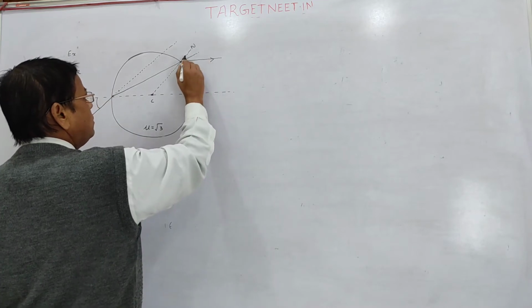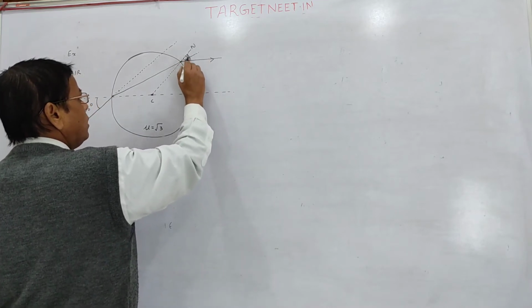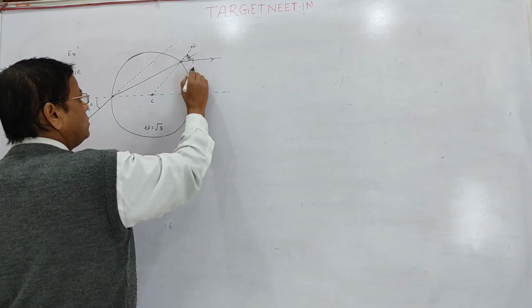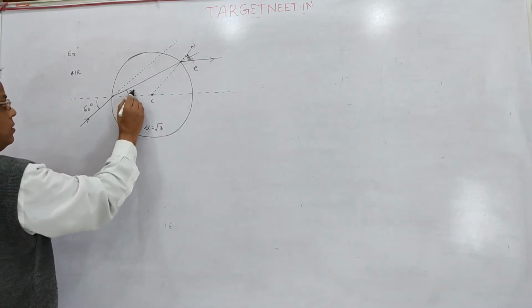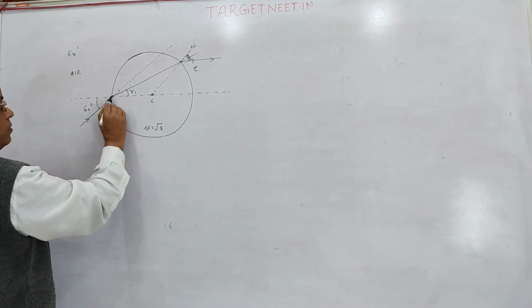This is the normal. Let this whole angle be the angle of emergence, E. This angle is R1, the angle of refraction at the first surface.